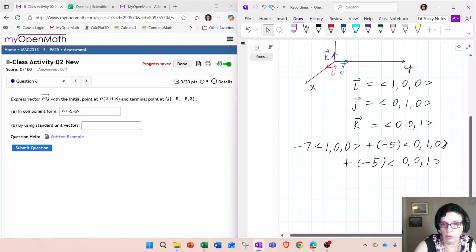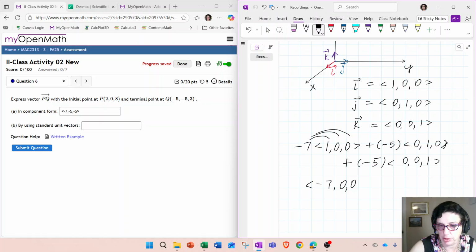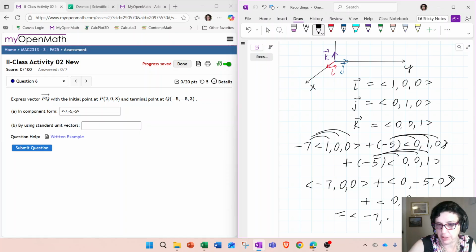Then when I do the operations, distribute the -7 here, this is going to be <-7, 0, 0>, plus, then distribute -5, so that will be <0, -5, 0>, and then plus distribute -5 over here, so that will be <0, 0, -5>. And if I add up all three vectors, then I'll get <-7, -5, -5>, which is back to what I started with.